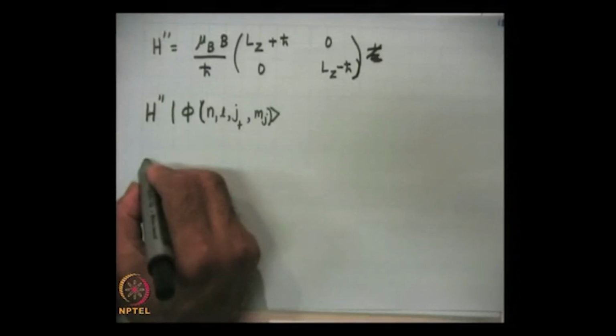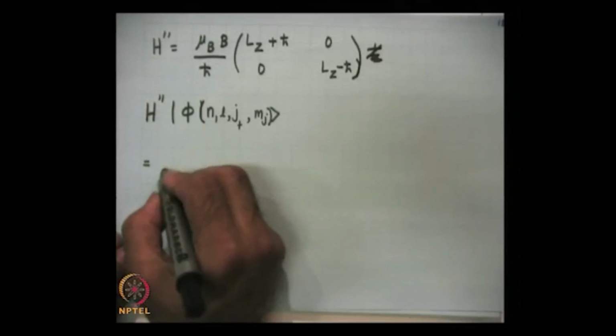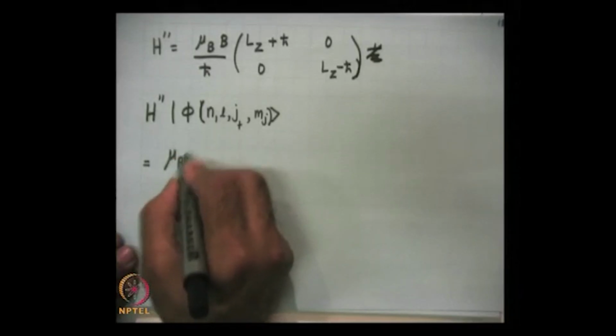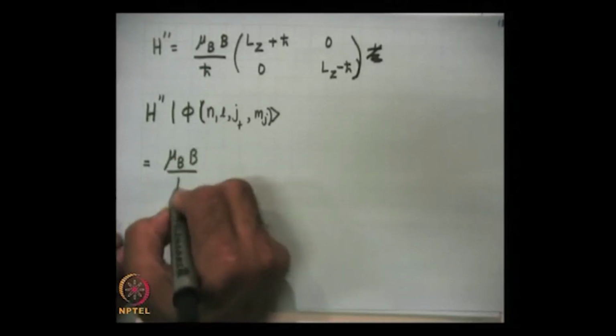So, this will be H double prime, this is mu b b by H cross.